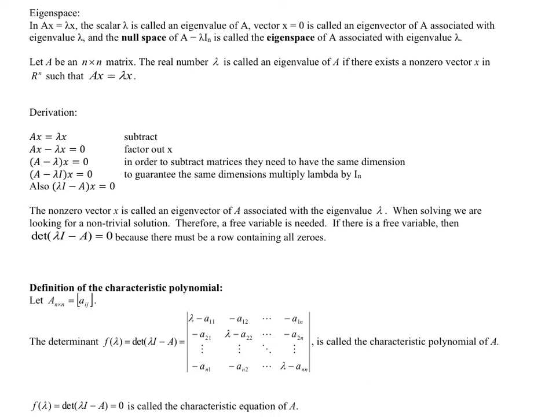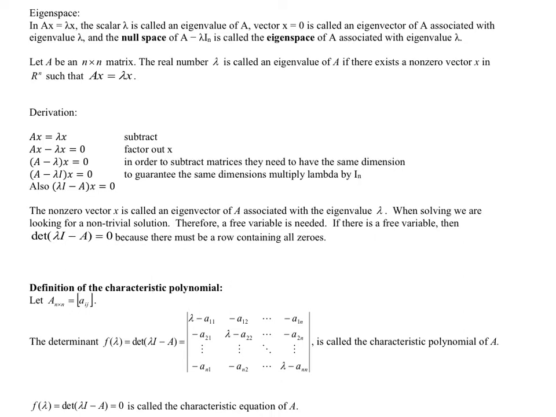That characteristic polynomial is the difference between a scalar, that scalar that we're calling the eigenvalue, and the given matrix A. So we're finding the difference between that scalar and the matrix A, and then making the determinant of that equal to 0. And I'll talk about why that matters in a little bit.